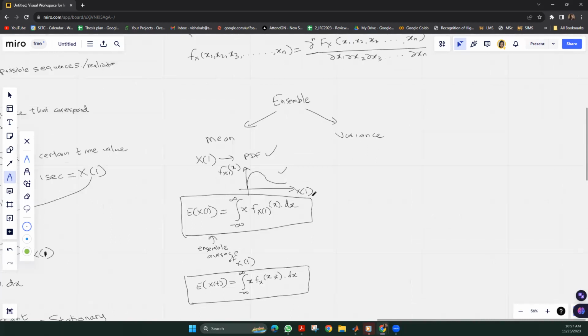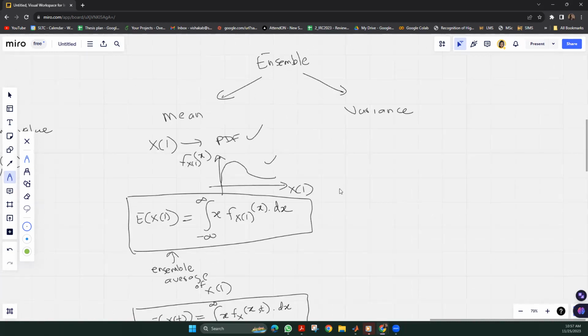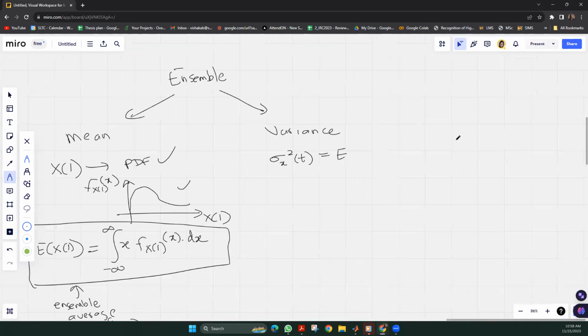When you are computing the variance value, you can also consider it for a certain time instance. The variance is defined as E, for a certain time instance t, the expectation of {X(t) minus mu(t)} squared.